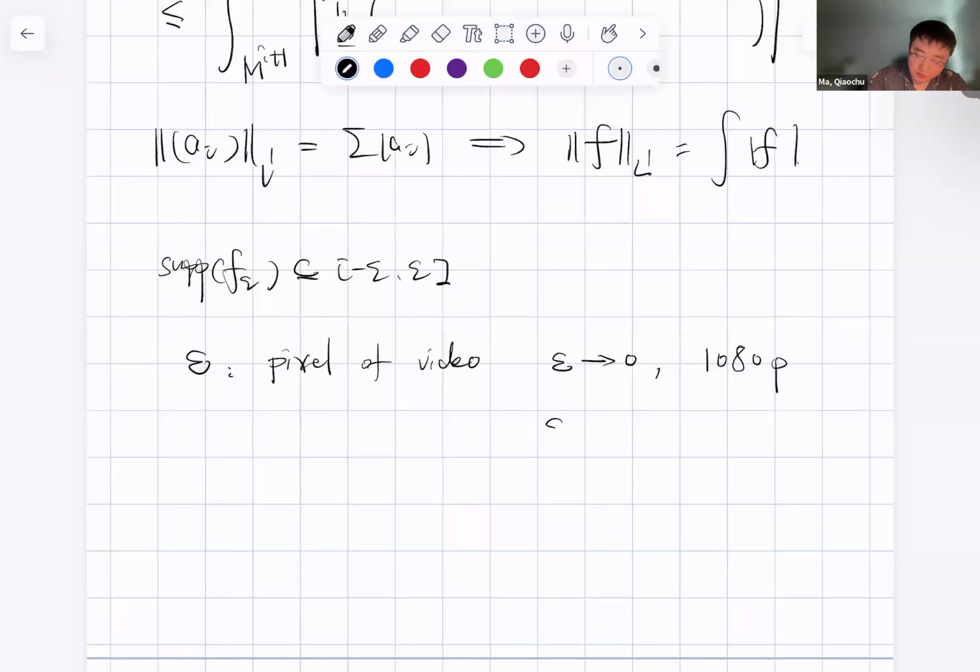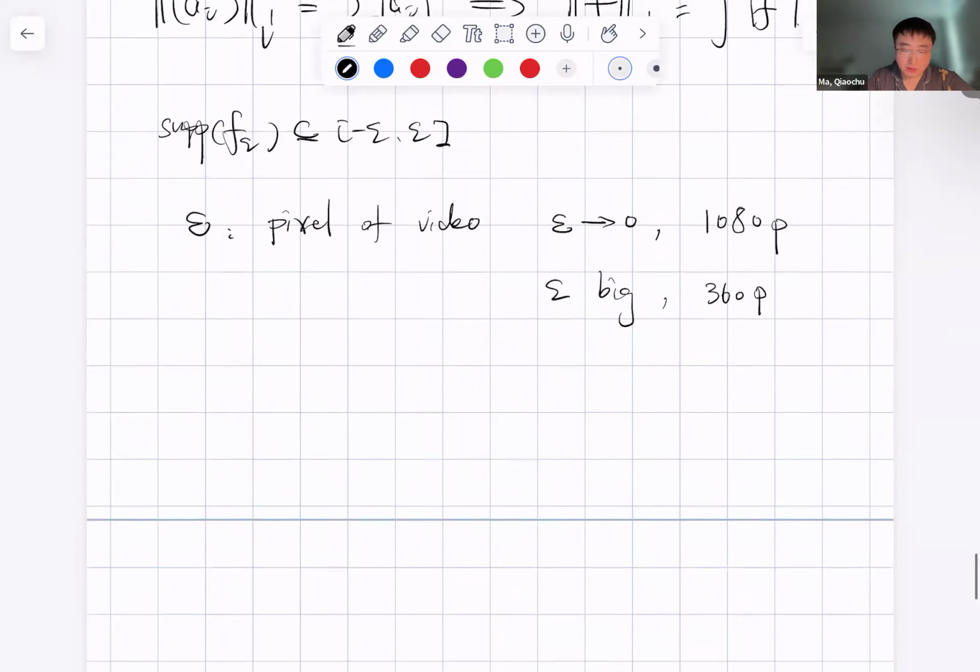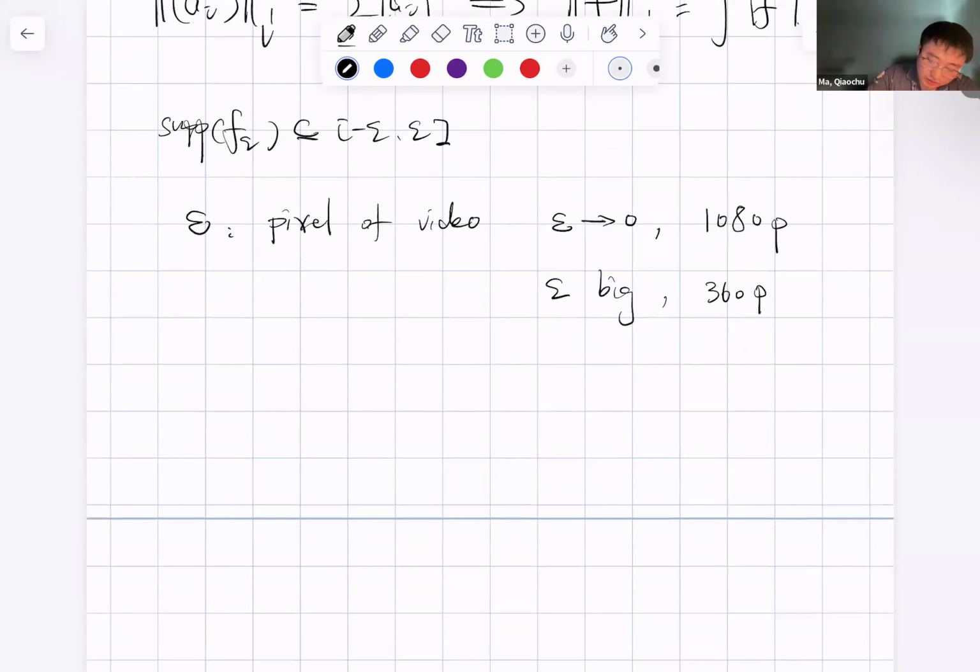But if epsilon is very big, then it's like 360p, and the video is not so good. So here is a parameter. We construct the homology of this manifold using simplicials with diameter approximately epsilon.